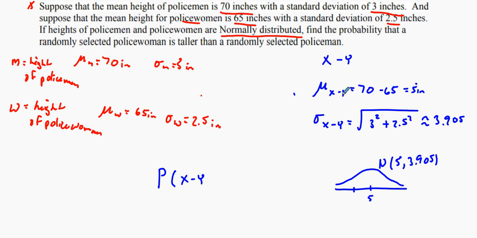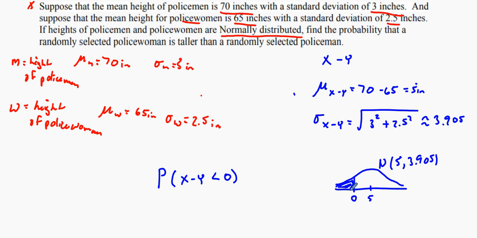If this is 0, and the woman is taller, that means we have negative answers. So what we're looking for is when the difference between these two is less than 0.